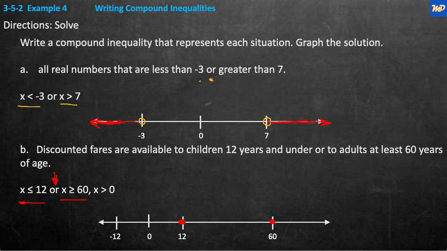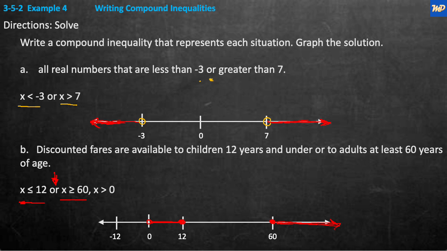So it's kind of a questionable situation, but let's say that it can't be equal to 0 either. Otherwise, you wouldn't be born. So the solutions here are everything that's less than or equal to 12 but greater than 0, and 60 and greater. All these numbers this way, because it could be greater than 60.